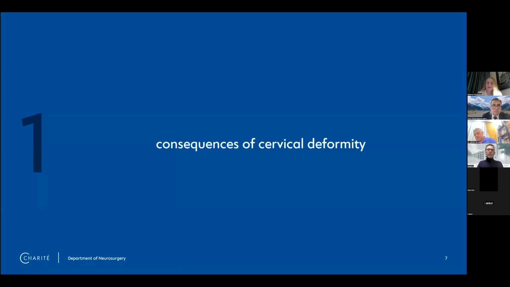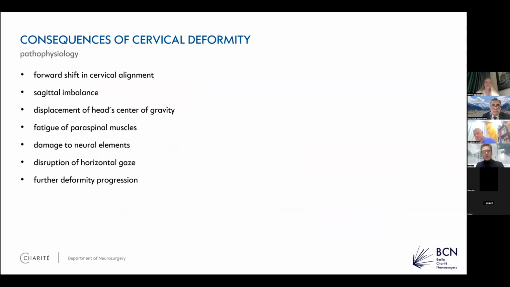So what are the consequences if a patient is developing cervical deformity? What's going to happen? First, by the anatomy. If the cervical spine goes into kyphosis, this means a forward shift of the cervical alignment, and this will contribute to a sagittal imbalance.